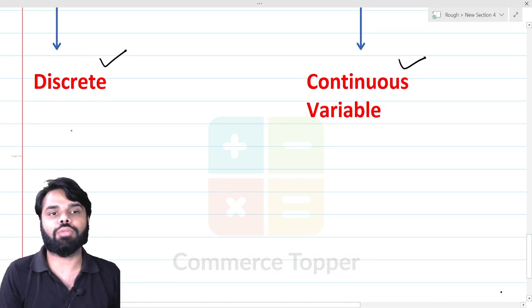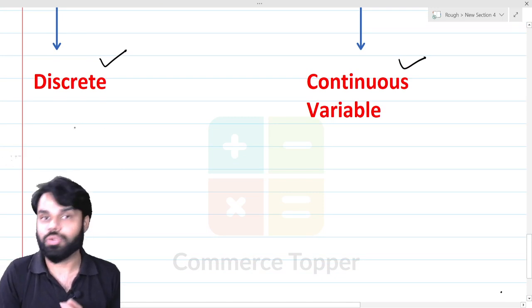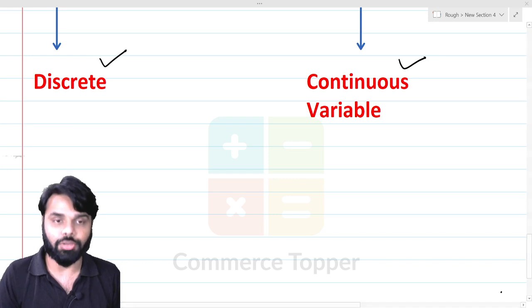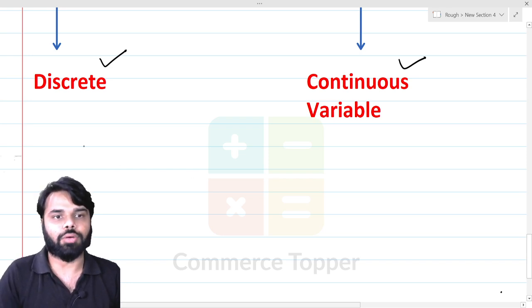When you are calculating on the basis of a discrete variable, you have two methods.